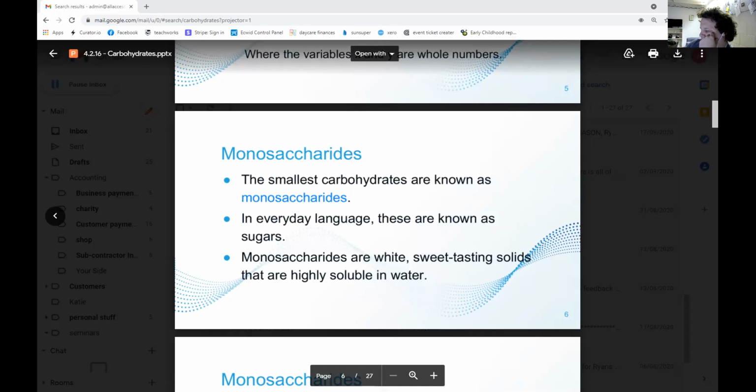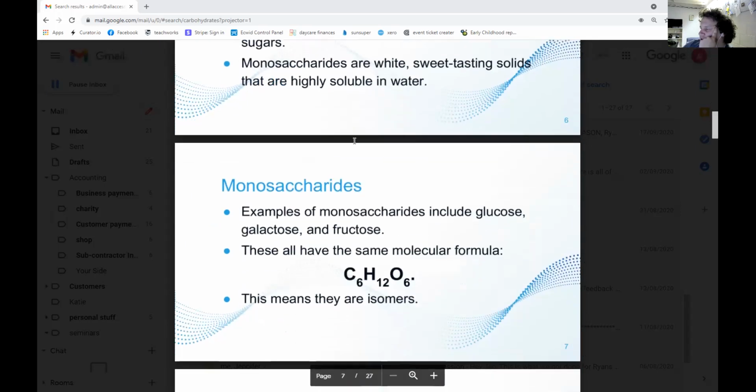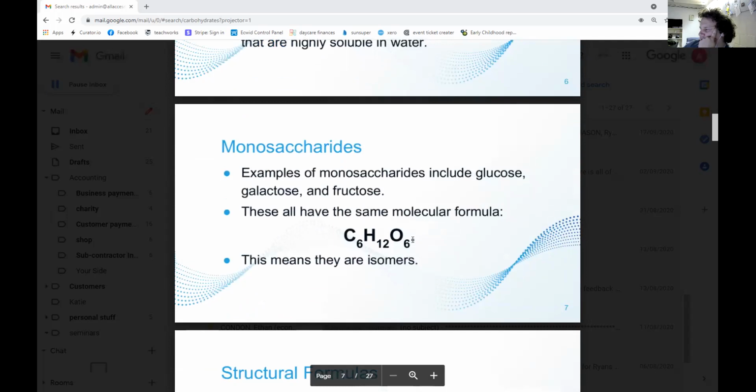So we need to have hydrogen bonding, and we have that in spades on the carbohydrates. So definitely write down this molecular formula, C6H12O6.